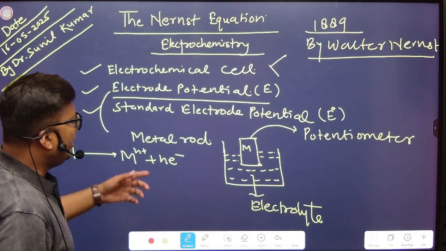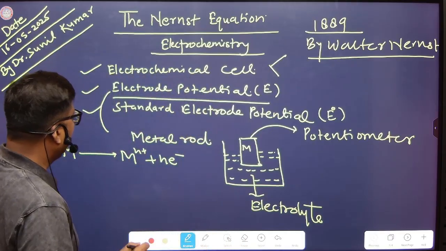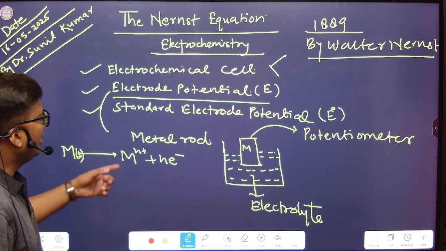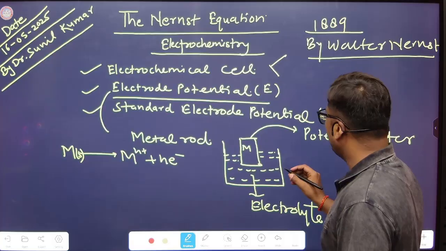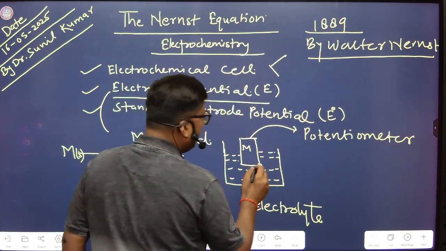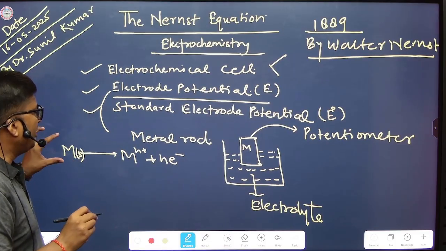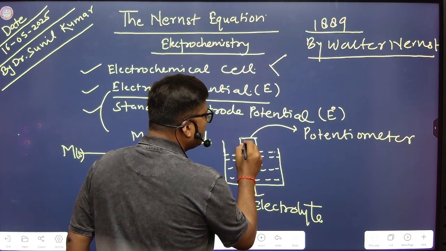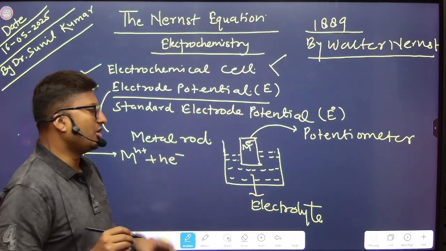So there is a potential between the metal rod, which is a solid, and M n plus, which is in the solution. If this is getting oxidized, the electron released through the oxidation of this metal rod will be accumulated on the surface, right. So the surface is getting negatively charged, right.